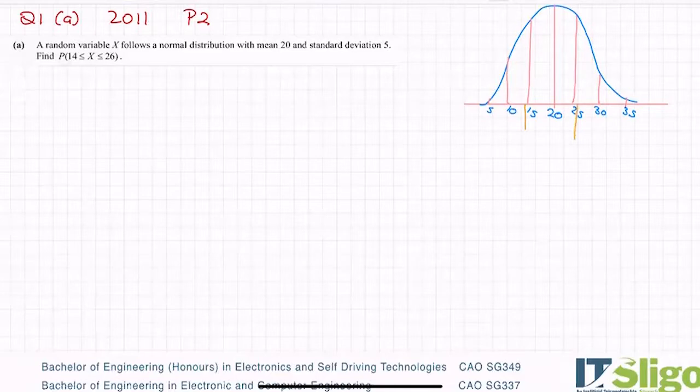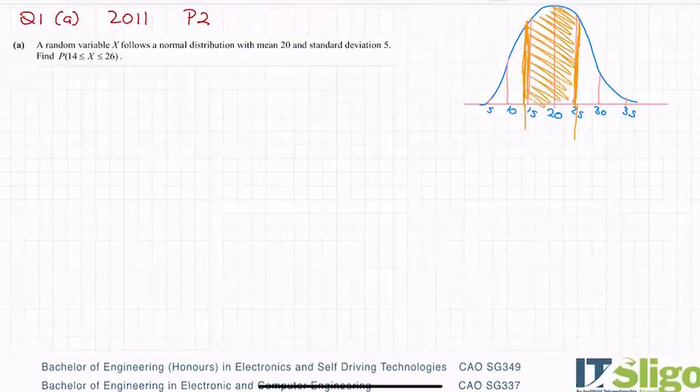So what's the probability of being in there? We know from the empirical rule that if you go up or down one standard deviation, which would be from 15 to 25, that would be 68%.